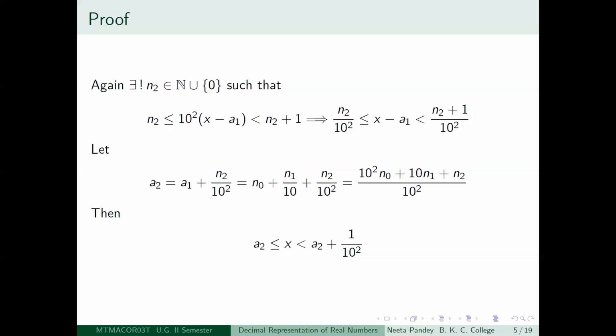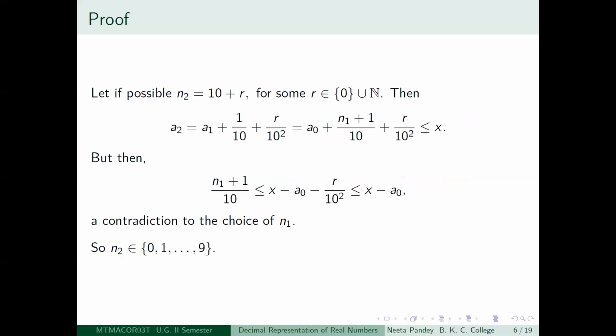So I would like to say, slightly carelessly, that and so on, you will be able to get all the n1, n2, n3 and so on. So that and so on is precisely speaking proof by induction. So what you do is that you assume that your nj's which you get in hand will satisfy certain properties, and using that you will get the next non-negative integer.